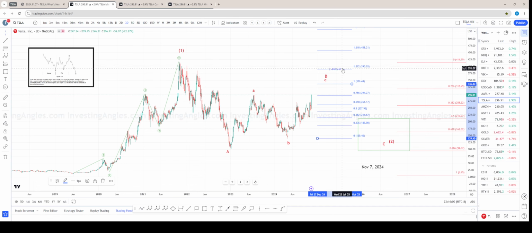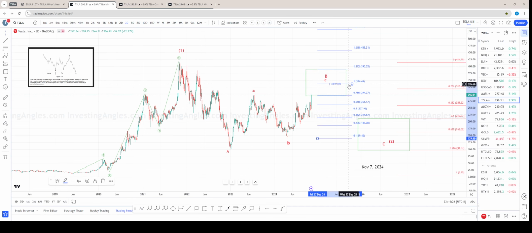Sometimes it can go higher, up to 1.272 or even 1.618, but let's assume a normal scenario. So somewhere here. So these are the perspective targets for wave B and C.